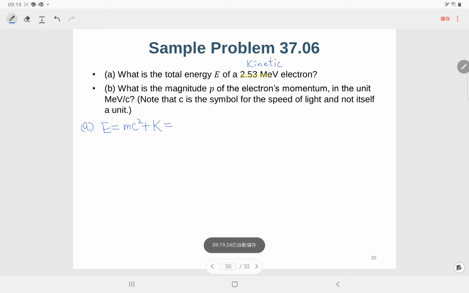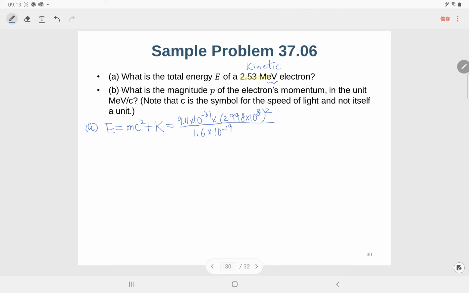For an electron, the m is 9.11 times 10 to the minus 31. And then c is 2.998 times 10 to the 8th power, and then take the square. And then we convert it to eV, so we divide it by 1.602 times 10 to the minus 19.